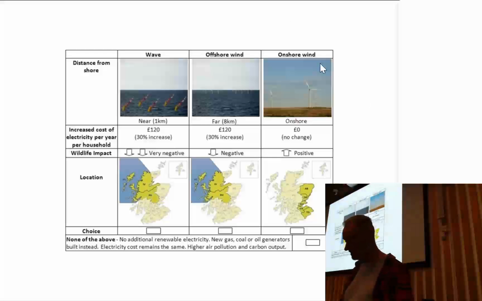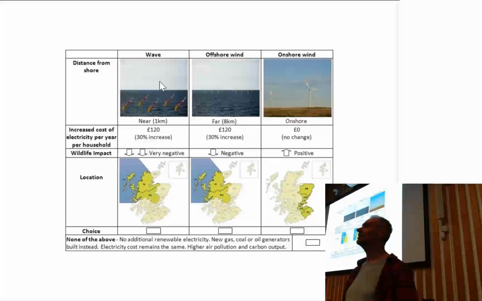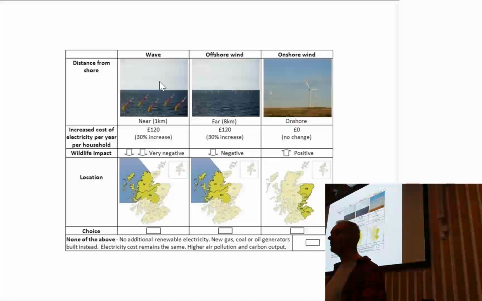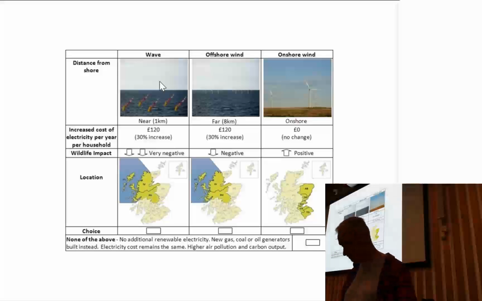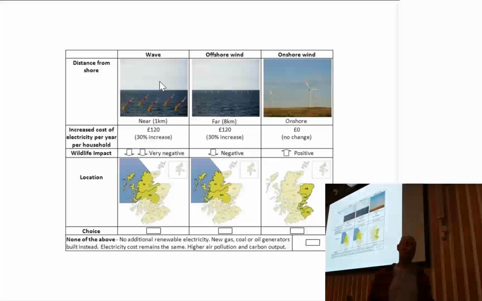Or they may just say, well, I really like wave, and whatever the option is, I'm always going to go for wave. It may just be that people sort of block out all but one of the attributes and base their choices on that. So they're not really answering the question again that you asked. They're answering a different question. People are like that.